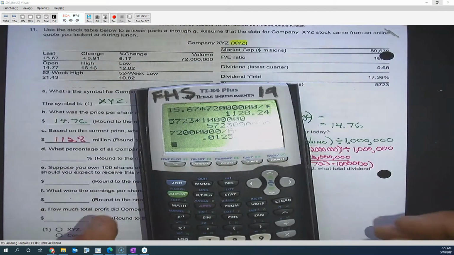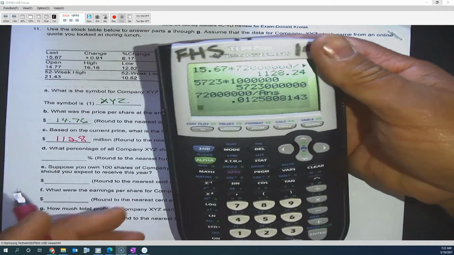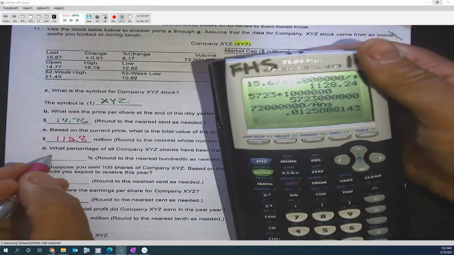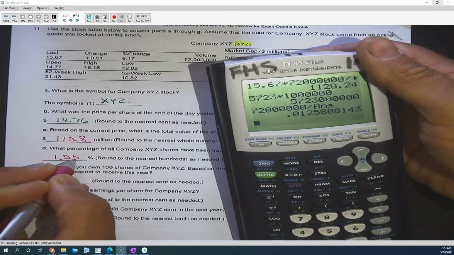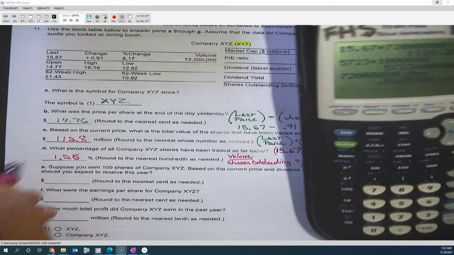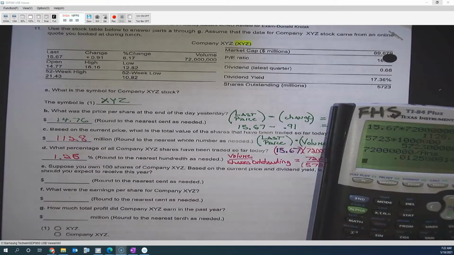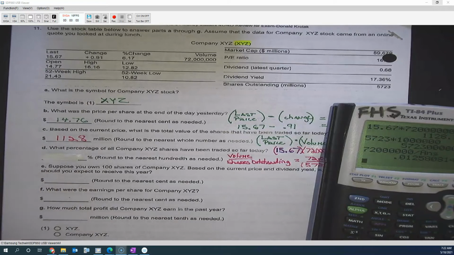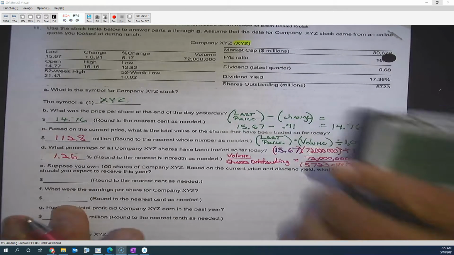Okay, that's my percentage. So I move that over 2 places, and that would be 1.25%. No, 1.26% rounded. Any questions on that? Okay, 1.26.